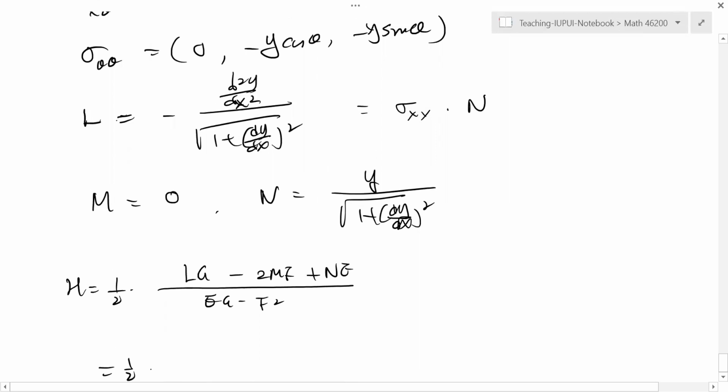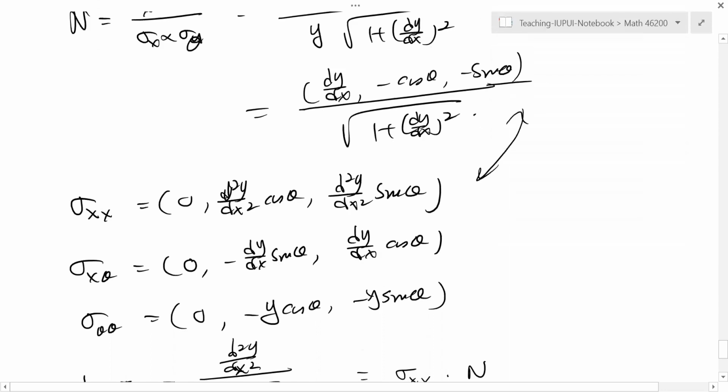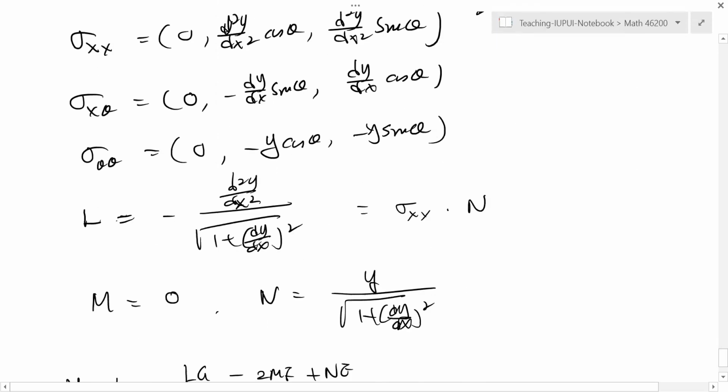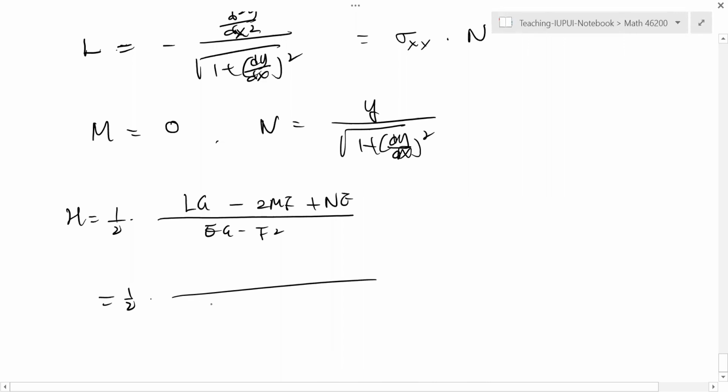So EG minus F squared. What is EG? EG minus F squared. So EG minus F, so this time that's Y squared. Okay, so that is going to be Y squared. Okay, 1 plus dy dx squared.